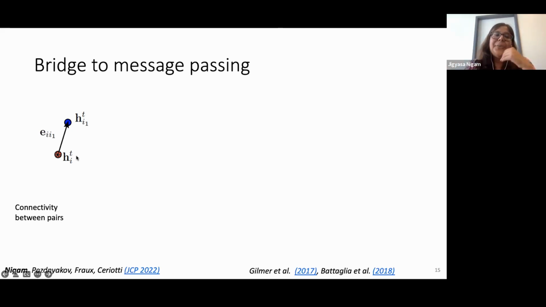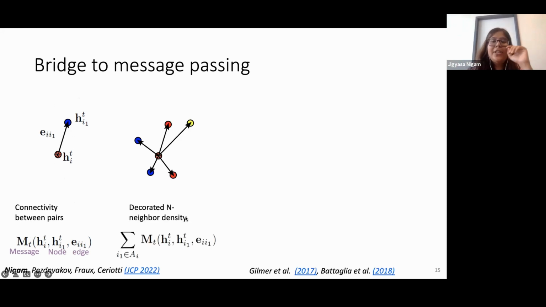So till now, I told you about constructing atom-centered features, which here in the language of message passing, I write as HI and HI1. And I also have a way of describing the connectivity between them through this pair correlation representation. So in a way, I have the ability to describe this pair of atoms and the connectivity between them. And in general, I can do this for n atoms in the environment, in some local cutoff.